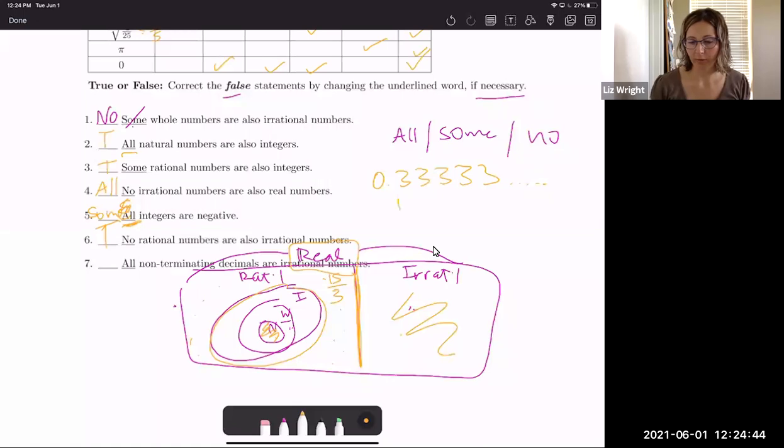That's 1/3. Is that an irrational number? No. So this would be some. Some non-terminating decimals are irrational numbers, like the square root of 3. Or if I had negative 1.1314667, and that keeps going on forever, that's a non-terminating decimal, but it also doesn't repeat. So that one should be false, with some.